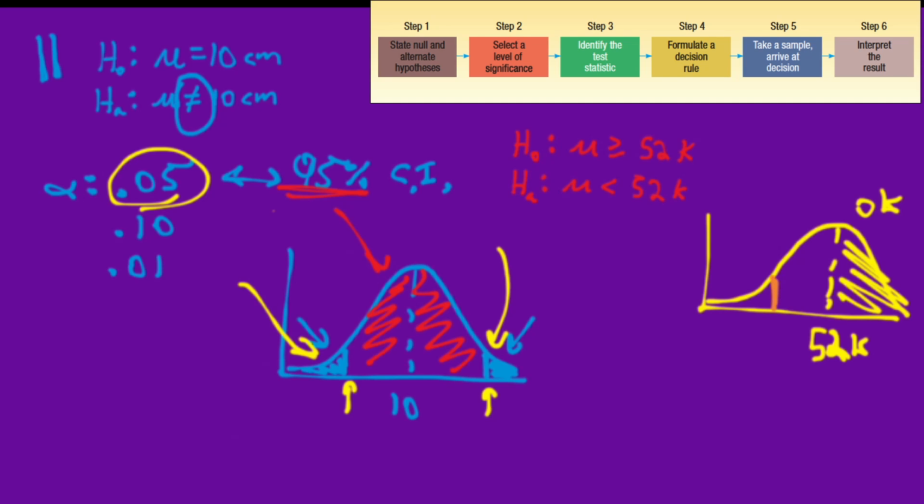So the only part that we are able to say is evidence against the null is, of course, things that are below 52,000. Now, we're kind of jumping ahead of ourselves a little bit, but if we take a sample and we get 51,980, we know from our work on sampling that the sample can jump around a little bit, right? Sometimes we have a sample that's a little bit below, sometimes a little bit above.